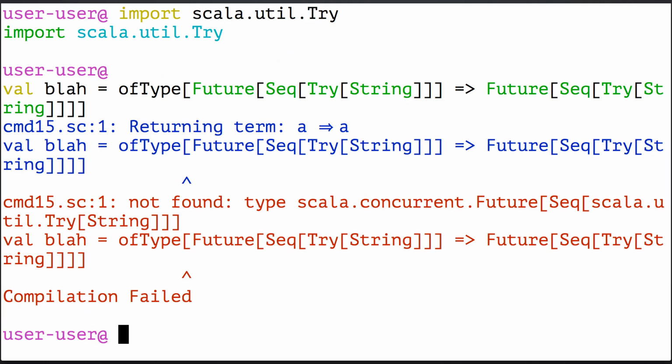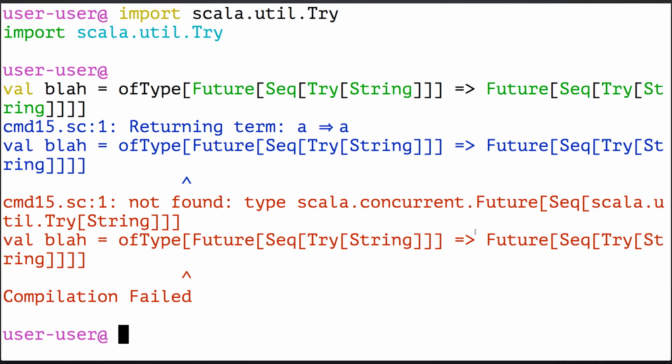Let's try again. Something is wrong. Maybe the REPL doesn't like the use. No, it does. Where is the future? It did input, right? What is not found exactly? Type. Oh. Future. I'm not sure what that means really. Not found? What exactly is not found?